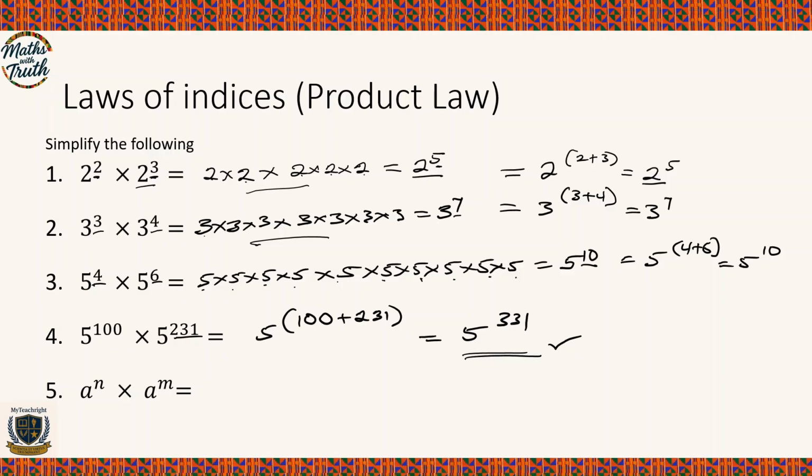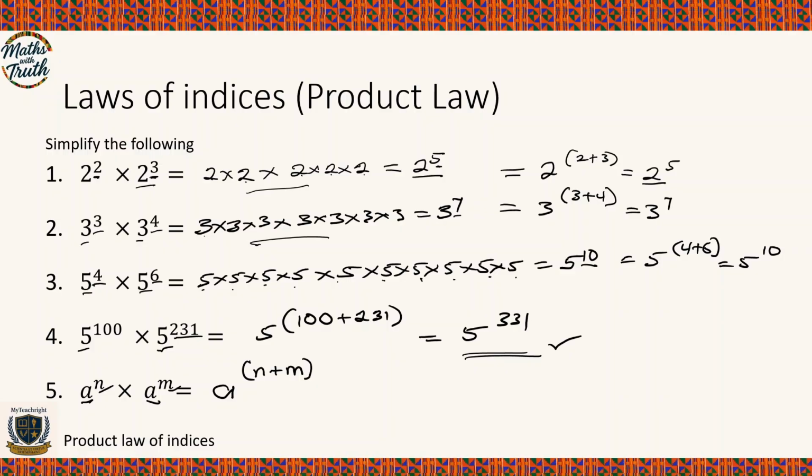Look at the base, the bases are always equal. So if the bases are equal, then you have an exponent, you add the exponents, n plus m, and that is the product law of indices.